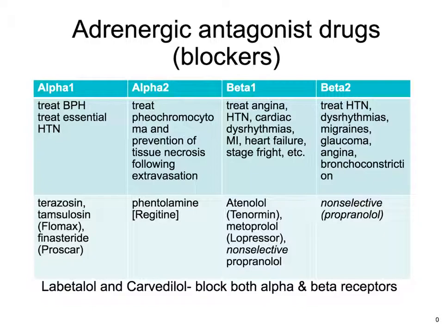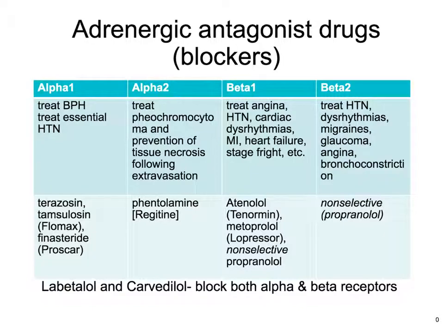So adrenergic antagonist drugs are known as the blockers. So the alpha-1 blockers are used to treat BPH. A common one that I'll probably use would be Flomax, tamsulosin. They're also used to treat essential hypertension. Prazosin is a normal one that might be used, or called Minipress.